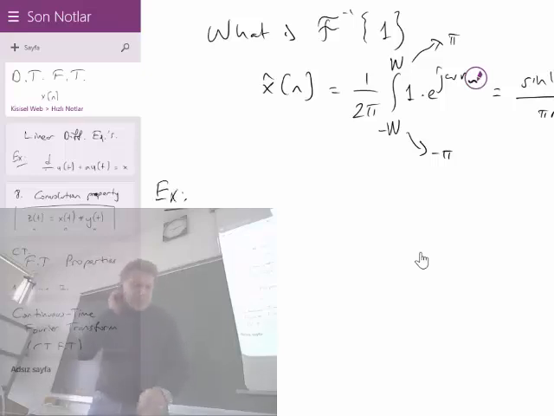The next example is, now we are starting to see examples regarding periodic discrete time sequences. Before the example, let's remember what we were doing in the continuous case. Do you remember how we were finding the Fourier transform of a continuous time periodic signal?